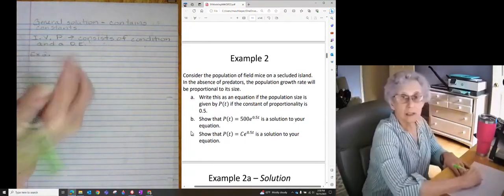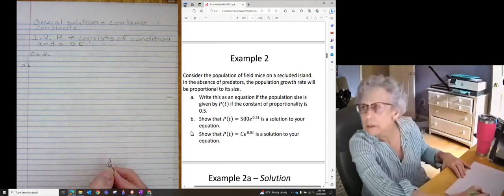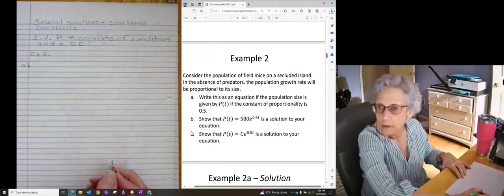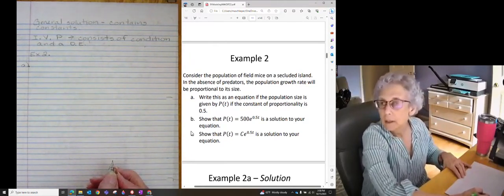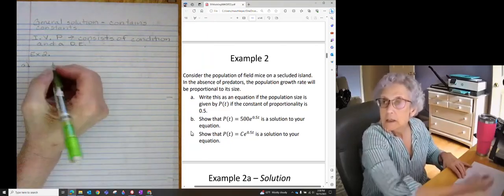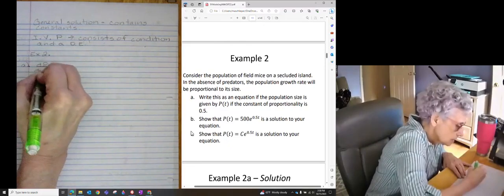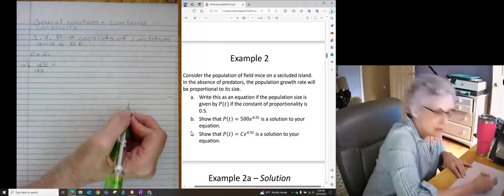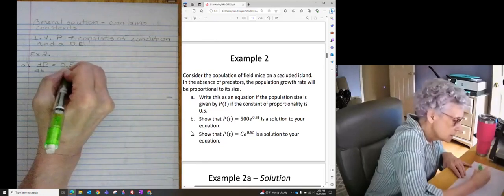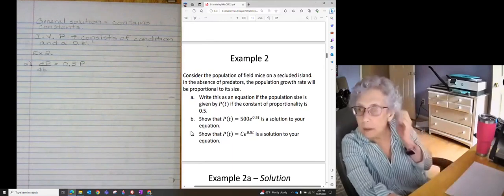So we're going to write an initial value problem. Actually, so far it's not an initial value problem. We don't have an initial value yet. We just know that its population growth rate is proportional to its size. So dP/dt is equal to some proportionality constant, and it was really nice, they gave it to us, 0.5, times P. That's all we can do.